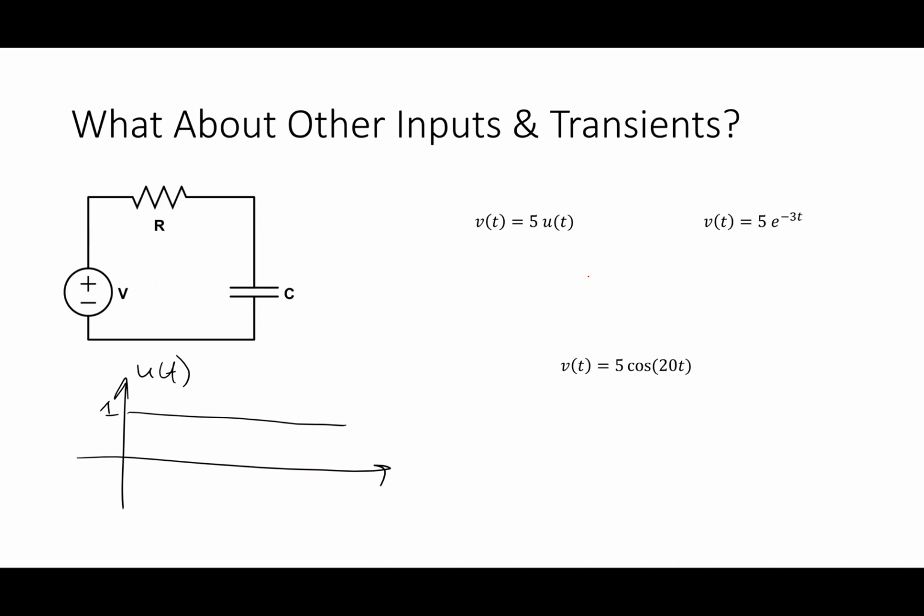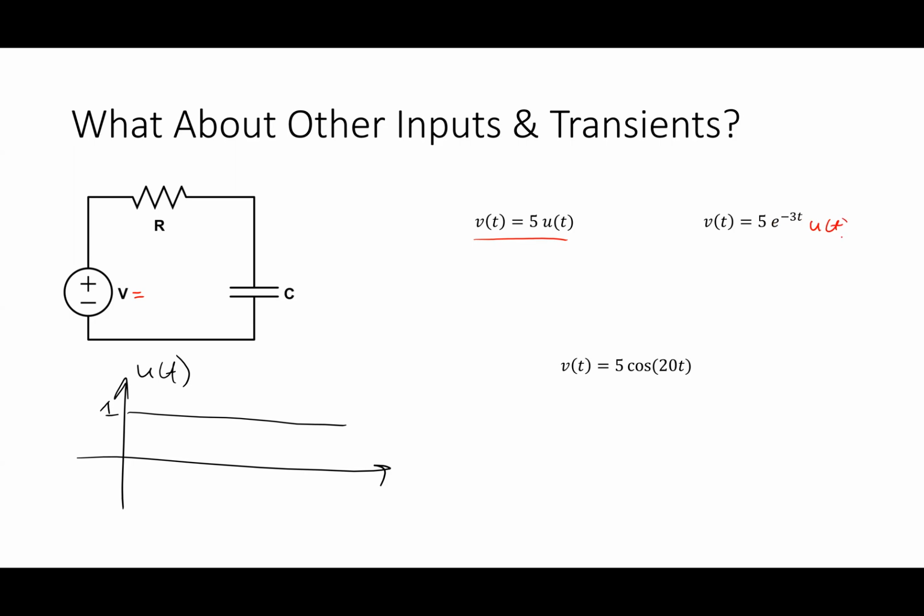So the question that arises is what happens if I have other kinds of signals and I did care about transients, okay? So the example I gave the other day, I said 5u of t. And so I'm talking about this input here could be one of these different signals. U of t, this guy here, 5e to the negative 3t.